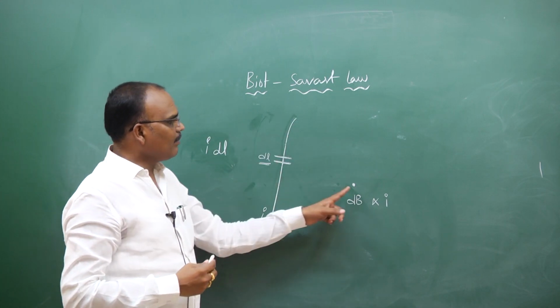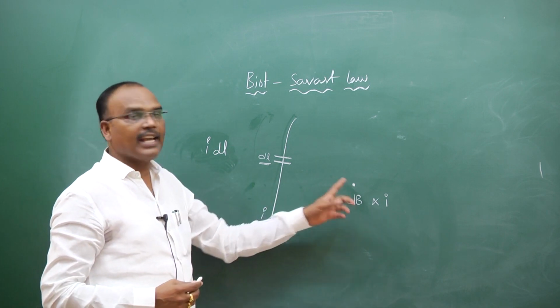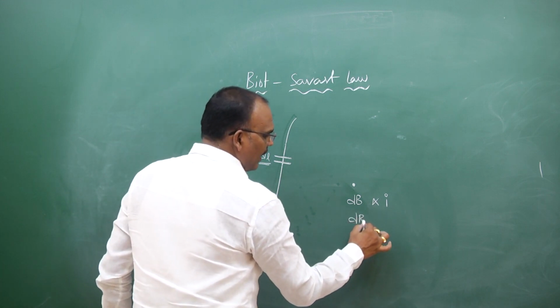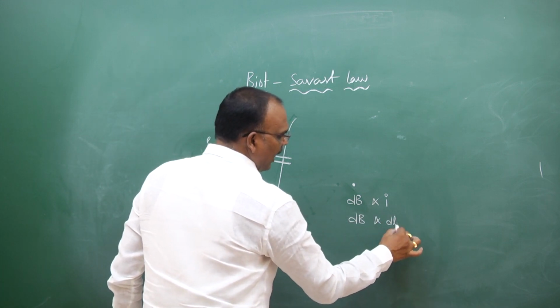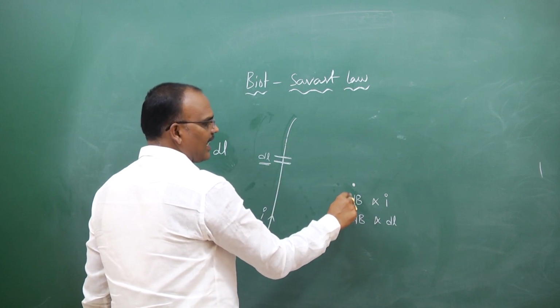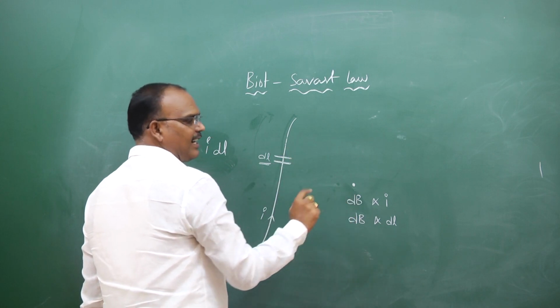Current increases, magnetic field increases. Current decreases, magnetic field decreases. Similarly, dB is directly proportional to dl. If the length of the element increases, magnetic field increases. Length of the element decreases, magnetic field decreases.